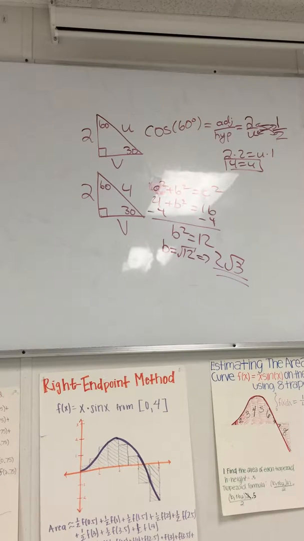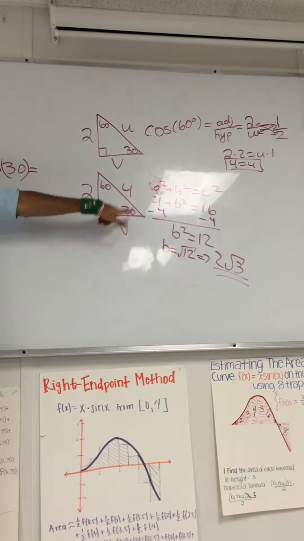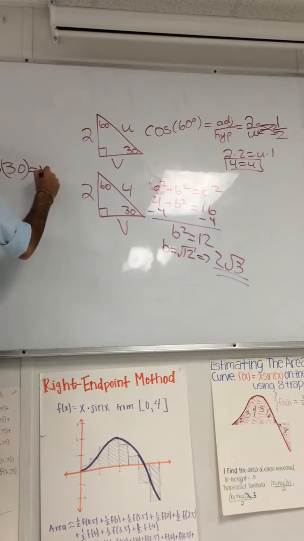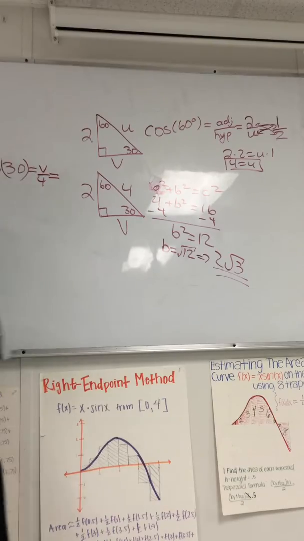Assume we don't have the calculator. Rafa? Okay, so Rafa said let's do the cosine of 30. And then what would you say, Rafa? That equals what in this problem? V over 4. Adjacent over hypotenuse. And that always equals, let's find out, root 3 over 2.